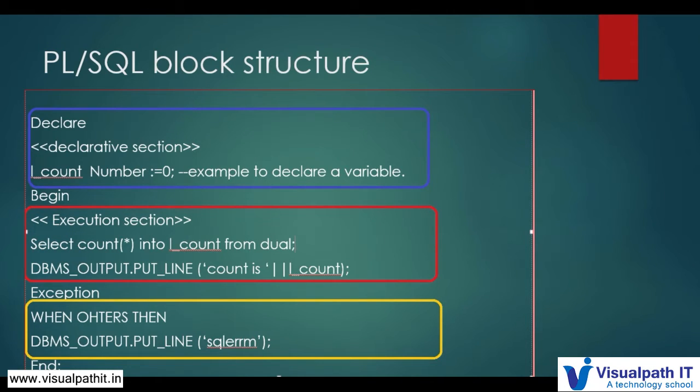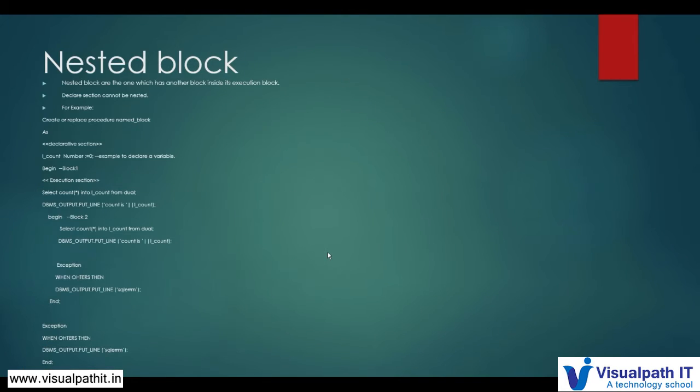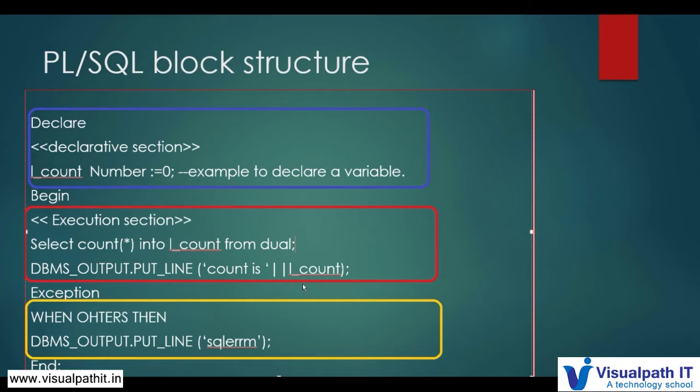These are the main format of a PL SQL block. And one more thing: any statement will always end with a semicolon. If you omit any semicolon from any line, it will give you an error. As you can see, all lines I have ended with a semicolon here. So you should end all the lines with a semicolon.